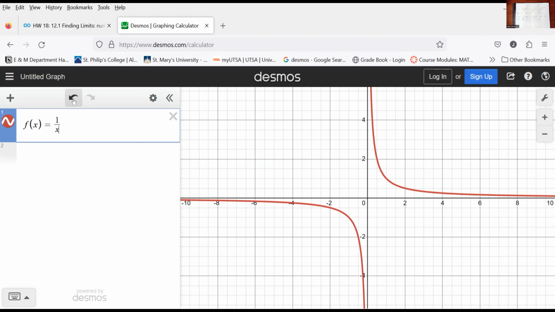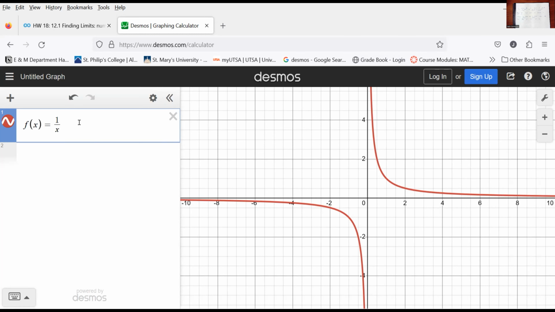Shoots upward forever. As I approach 0 from the right, the function goes to infinity. If I approach from the left, it goes to negative infinity. The limit doesn't exist at 0. It's also undefined there, but we can look at what's happening on one side or the other. You can do one-sided limits, but they're technically infinite limits. So that can happen.